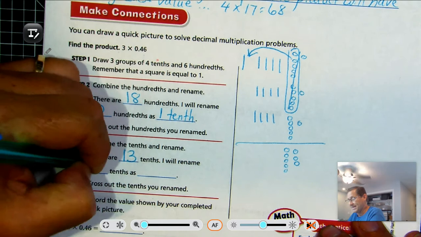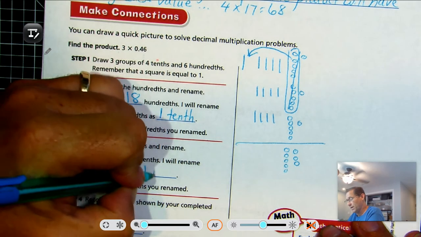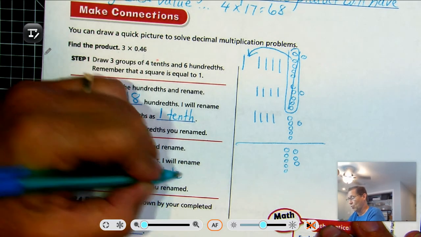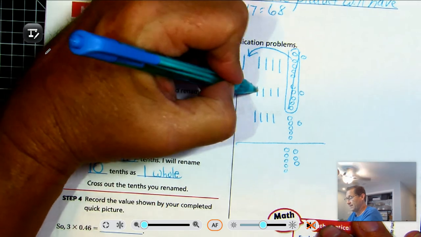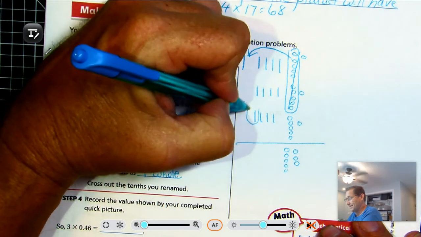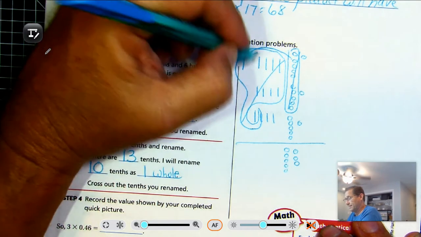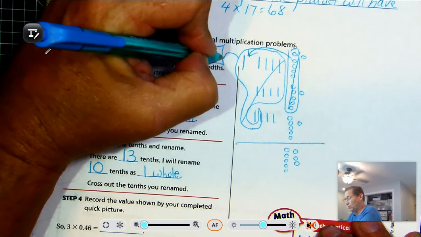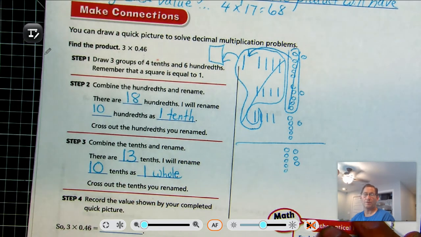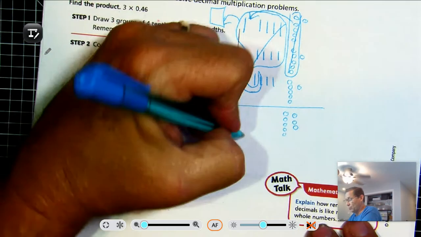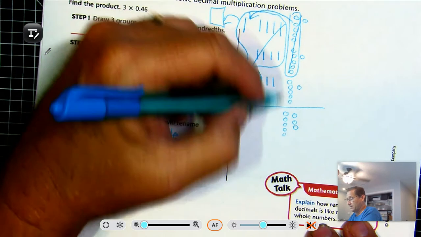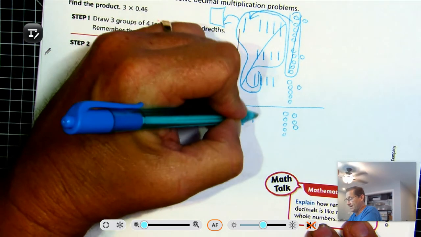We're going to rename 10 tenths as 1 whole. So 4, 5, 6, 7, 8, 9, 10. And we're going to trade that for 1 square or 1 whole. So we have 1 whole and 3 tenths left.